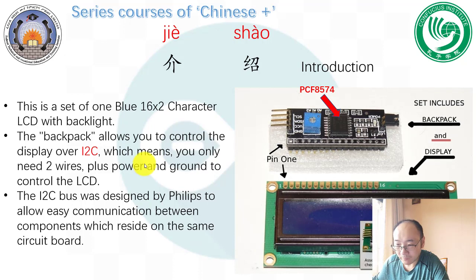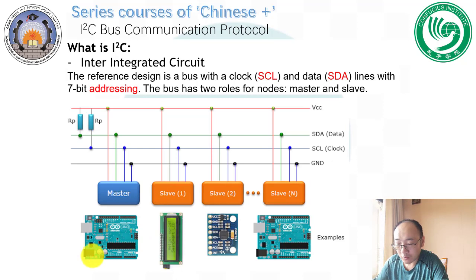What is I2C? I2C is designed by Philips to allow easy communication between components. Let's see. This is a simple I2C network. In this network, only two wires: SDA is send data and SCL is clock control.